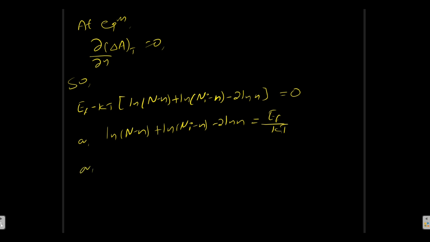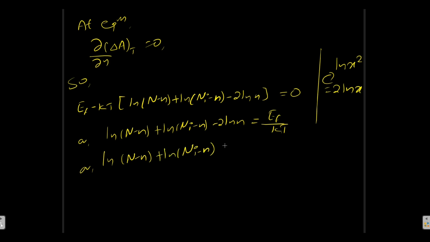Now see, we know that there is a rule for logarithm, that is ln x square can be written as 2 ln x, right? So we can go in reverse. 2 ln x can be written like this, so we can write: ln(N − n) + ln(Ni − n) − ln n square is equal to Ef by kT. Now we can again use this formula.